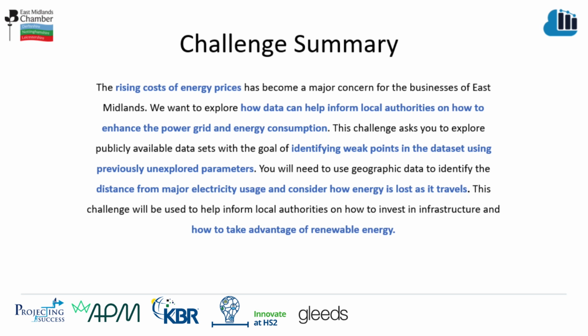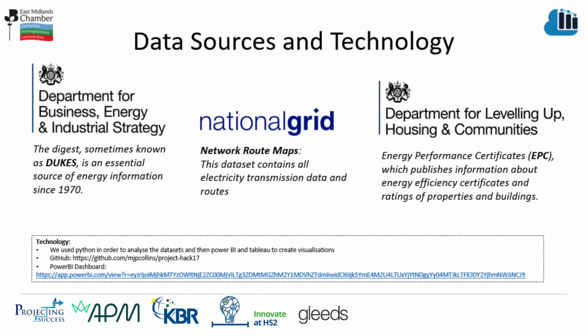In order to build our solution, we have used data from three different sources. The Dukes, which has been an essential source of energy information since the 1970s, National Grid network route maps, and energy performance certificates. These are all open source and available online, which makes it highly scalable and applicable to other areas.